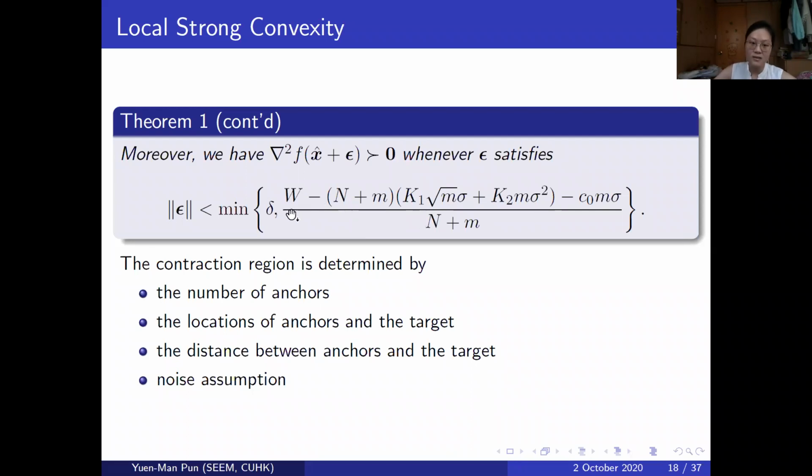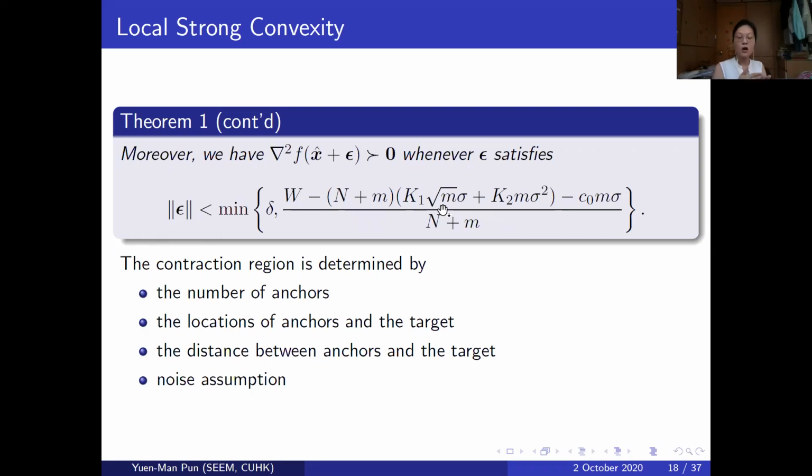Delta again is the distance between the anchors and the target, and we don't want this to be too close for differentiability issues. And then W again, we have mentioned, is the geometry of anchors and the source. The quantity depends on similar factors to what we have just talked about.